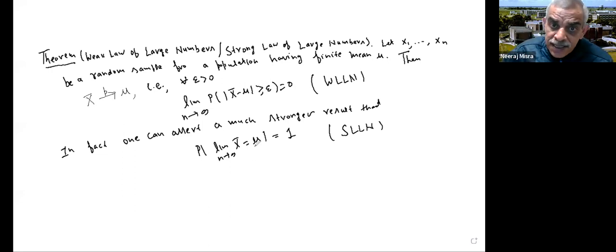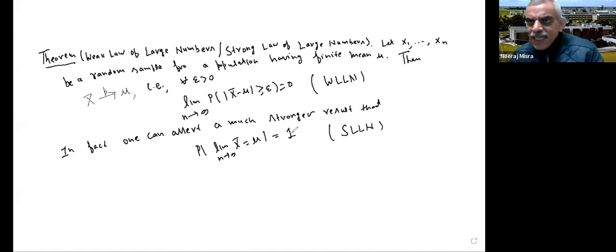What the strong law says is that the probability that the limit of X bar is mu is 1. One can show that this implies this. If this holds, that the probability that the limit of X bar is equal to mu is 1, then this probability would be 0. The converse may not always hold.